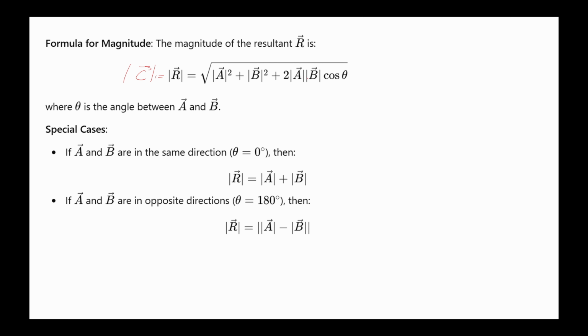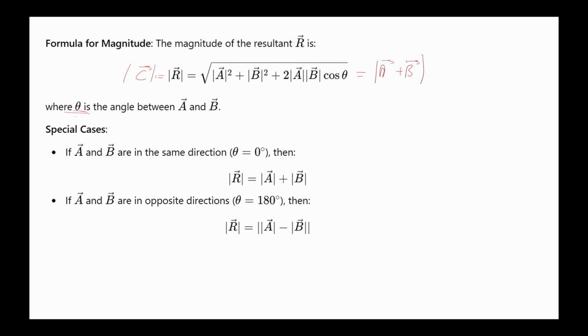This is a formula that you must remember, and theta is our angle between a and b. So this is how the resultant a plus b can be written as modulus of a vector plus b vector. This is how its modulus is calculated. So you must remember this.